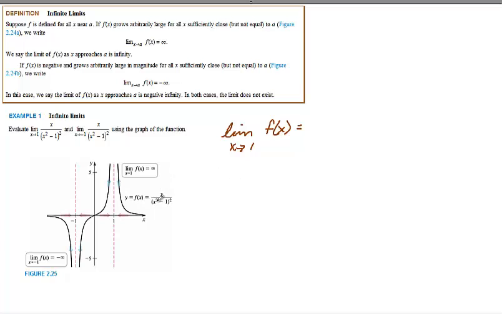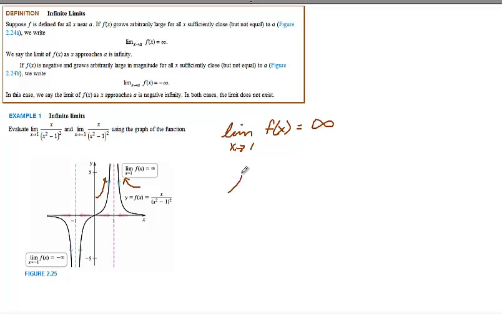So as x approaches 1 from the right, I'm going to infinity, and as x approaches 1 from the left, I'm going to infinity. So I can say that this limit exists, and it is indeed infinity. However, if one of these had been going up to positive infinity and the other had been going down to negative infinity, I would have to say that that limit fails to exist. Remember that the left and right limits have to be equal in order for that limit to exist.